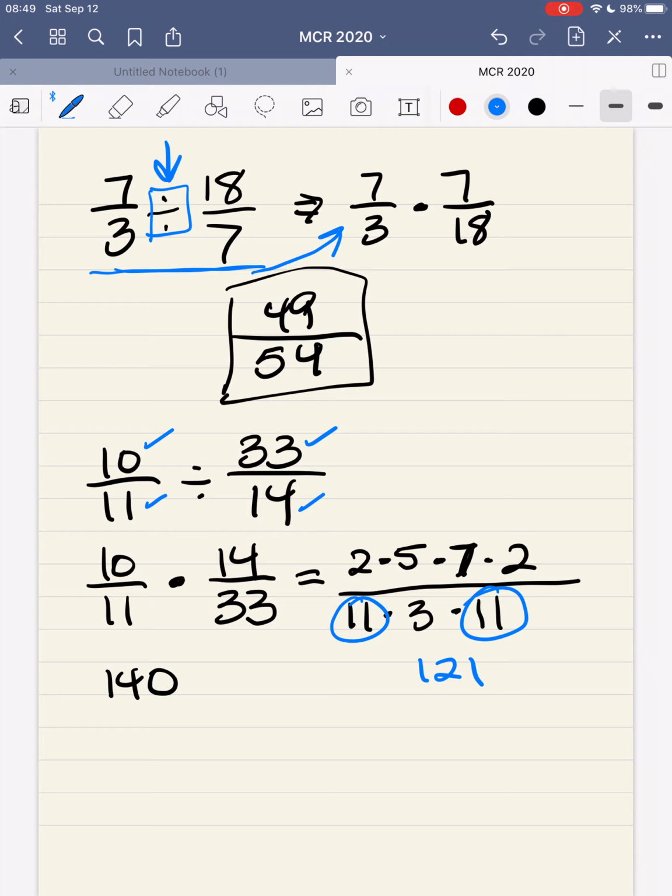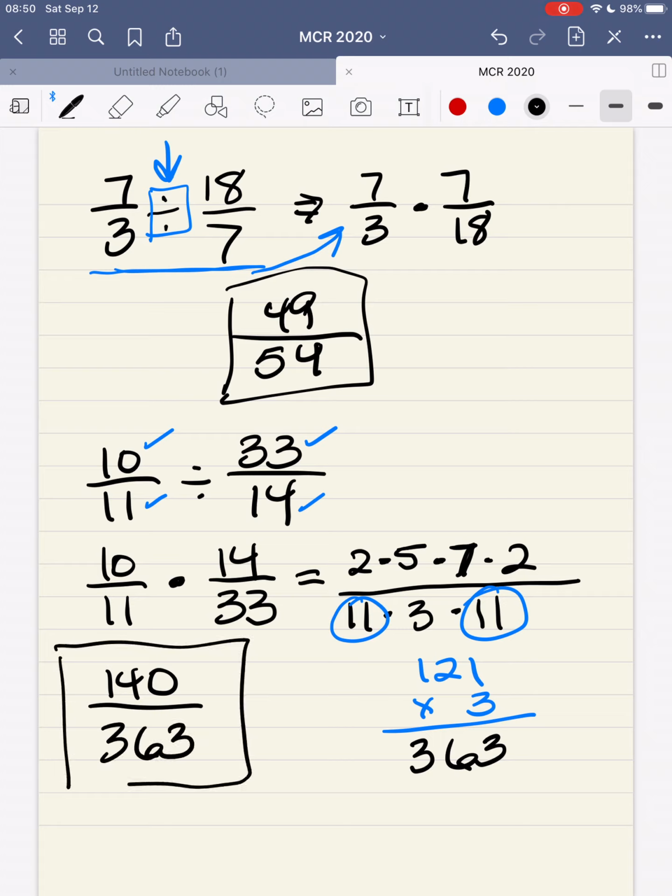Okay, and if we take 121, multiply it by 3, we'll have our answer. So we have 363, so 363. And as ugly as this fraction is, that is totally our answer.